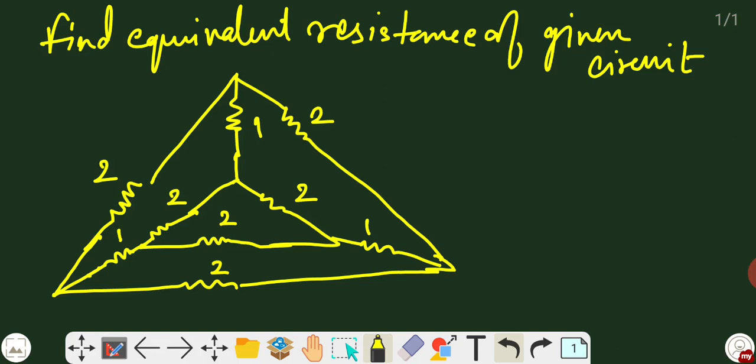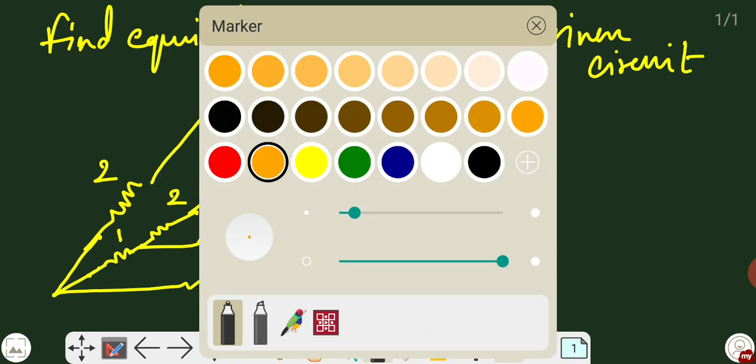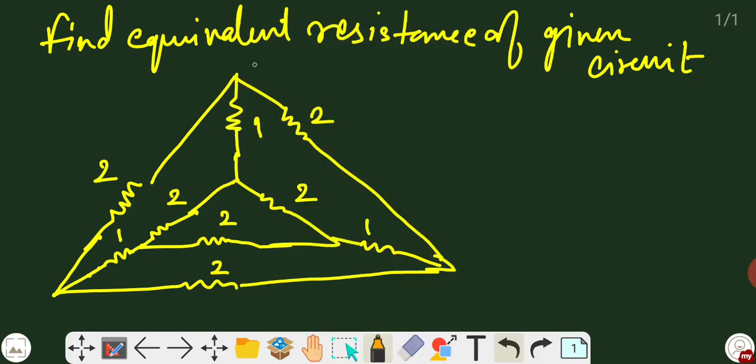First of all, you have to find the equivalent resistance across A and B. Now I am applying the horizontal symmetry. When I apply the horizontal symmetry, you will observe that you do not get equal parts on both sides. See, this portion does not have the same image at this portion. It means the horizontal symmetry will not be applied on this question.